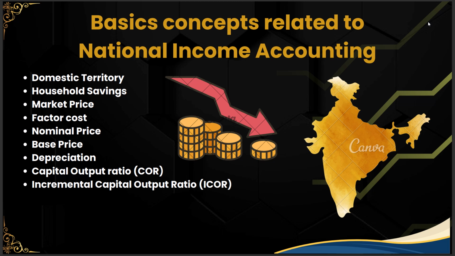What is market price? See, market price is nothing but the price which a consumer pays for a product while purchasing it from the seller, and it includes the indirect taxes and excludes subsidies. Let's say a person goes to the market and buys tomato for 50 rupees per kg. It includes the indirect taxes too, like taxes on transportation, GST, everything gets included.